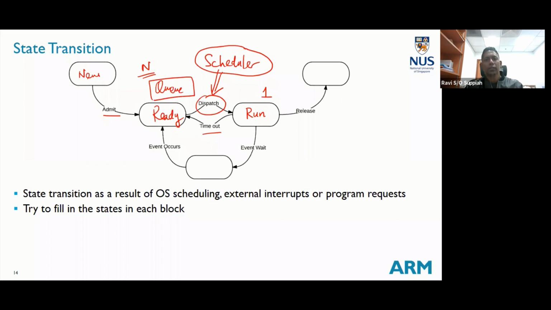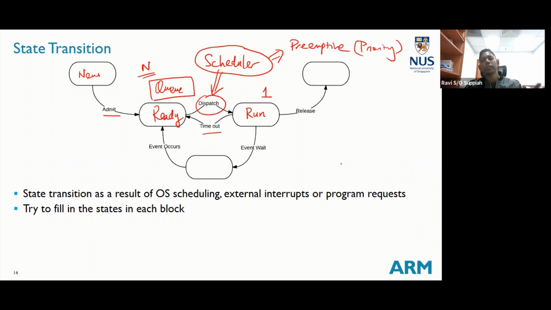In RTX or most RTOS systems, when you have a real-time system, your scheduler must be what we call a preemptive scheduler based on priority. That means it will look at all the tasks in the ready queue and select the one with the highest priority to take over the CPU. That is how the scheduler works in our RTX RTOS.